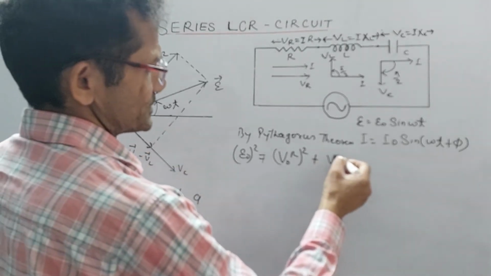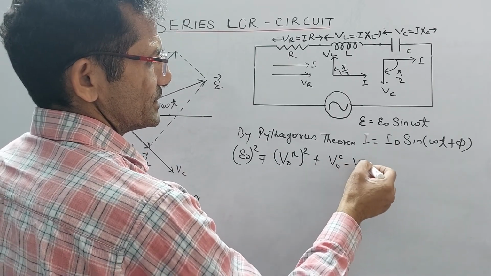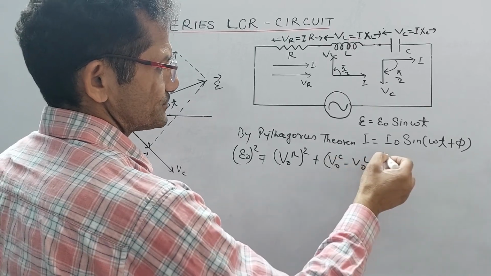So therefore the amplitude of this one is V naught C minus V naught L whole square.